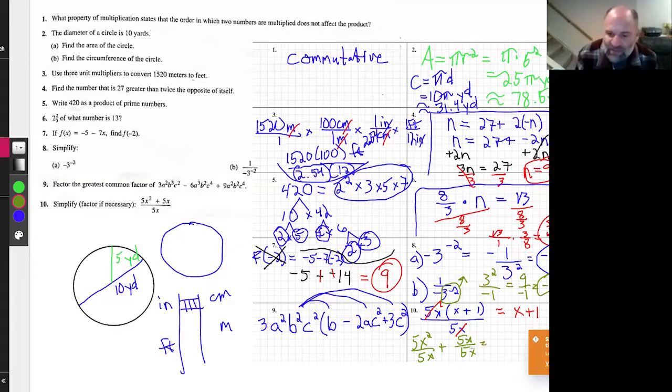When you divide 5x squared by 5x, you get x. 5x divided by 5x, that's 1. So there's 2 ways to do this. This bottom way is kind of like the distributive property of division. You're going to divide both of those things by 5x, not just one of them. Can you guys do one of those ways? Feel okay about that? Okay, awesome. All right, I'm going to scroll down.